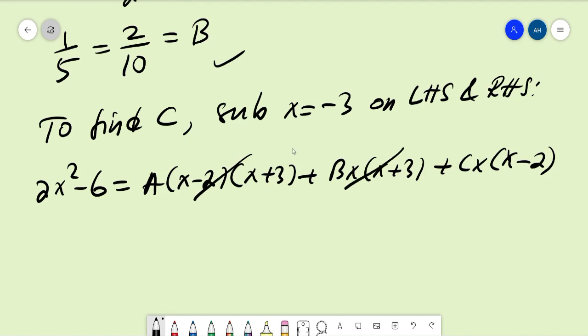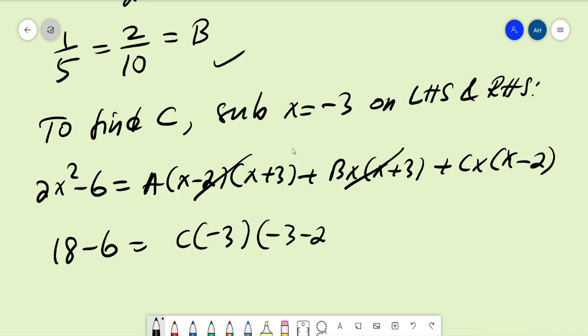So -3 squared is 9, times 2 is 18, minus 6 equals c multiplied by -3 and multiplied by -3 minus 2. So 18 minus 6 is 12. We have c multiplied by -3 multiplied by -3 minus 2, which is -5.